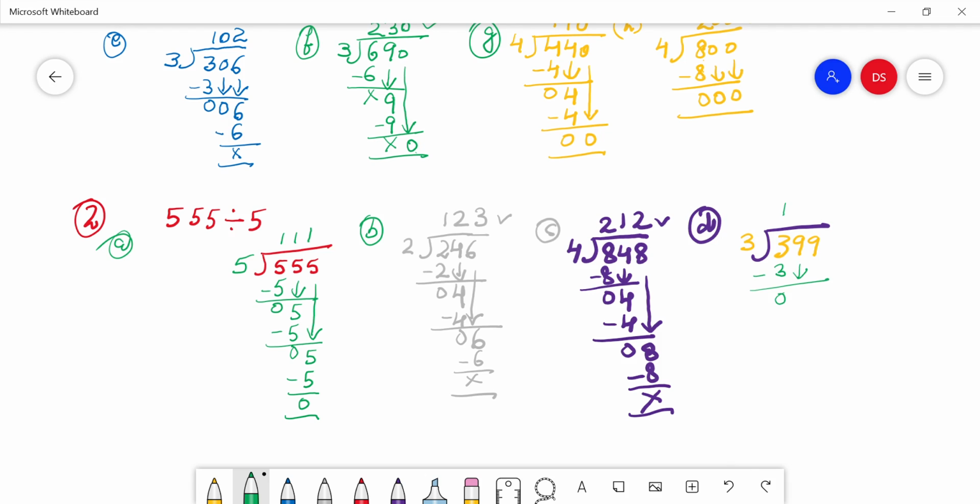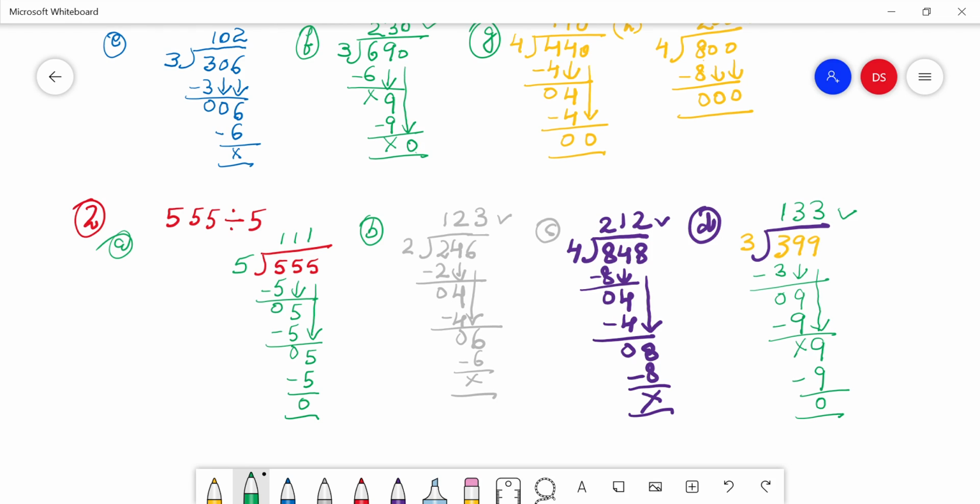Then we will take next digit, that is 9, down. 3 3s are 9. 9 minus 9 is 0. Last digit is 9. 3 3s are 9. 9 minus 9 is 0. The quotient is 133.